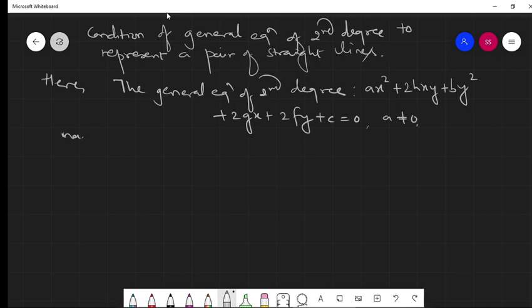This may or may not represent a pair of straight lines. Sometimes it may represent a curve too. So it represents a pair of straight lines only when the following condition holds.